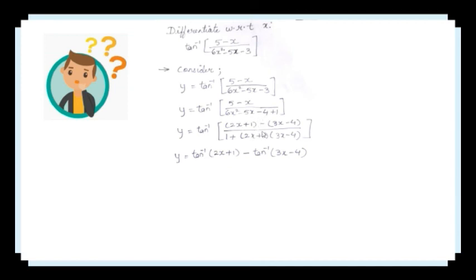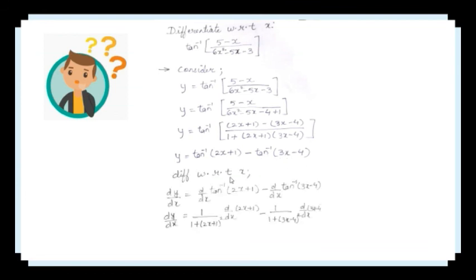As you all know, which formula can we apply over here? Tan inverse of x minus y upon 1 plus xy, that will be y equal to tan inverse of x minus tan inverse of y. So we can write this as y equal to tan inverse of 2x plus 1 minus tan inverse of 3x minus 4. Now we have to differentiate.